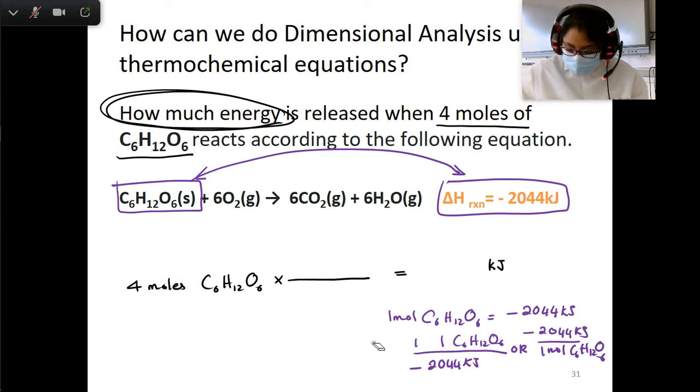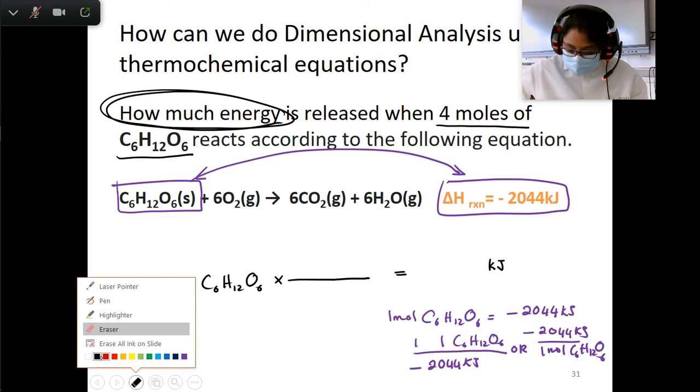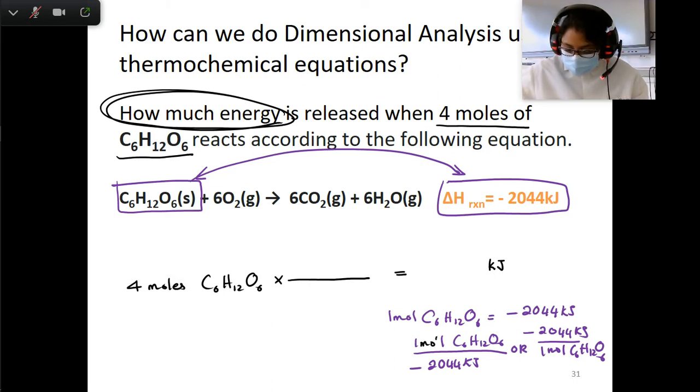So look at that. Now that we have two conversion factors, you just apply the principles of dimensional analysis, which is you use the one that helps you cancel out the unit you don't want and get to the unit you do want. So you want to cancel out moles of C6H12O6 and you want to go to kilojoules. And the conversion factor that allows you to do that unit cancellation is this one that I just labeled number 1, that has negative 2044 kilojoules on the top, 1 mole of C6H12O6 on the bottom.